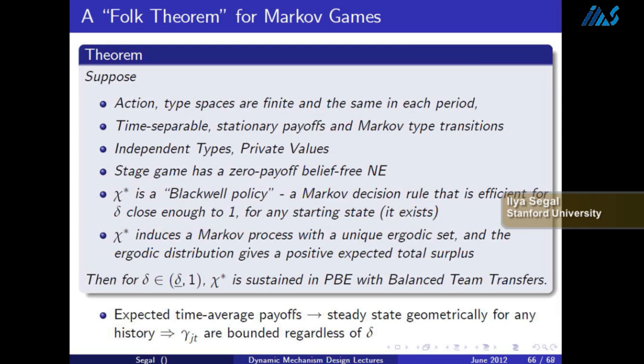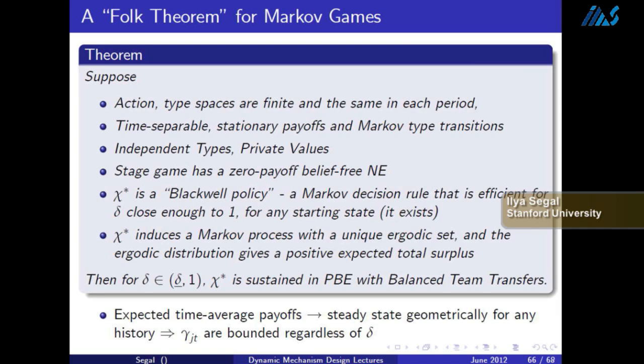So under these assumptions, for a discount factor close enough to 1, the Blackwell policy can be sustained in a perfect Bayesian equilibrium using this decentralization of balanced team transfers, where agents are making payments to each other. And the proof is basically based on the intuition that I gave.